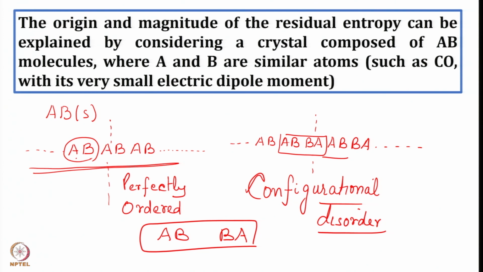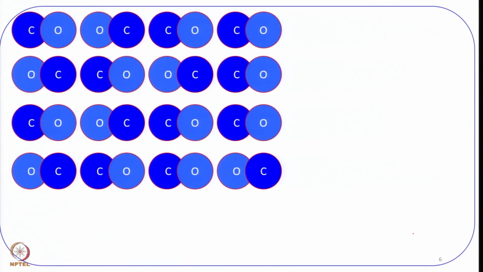So I hope the origin and magnitude of residual entropy is clear to you. We will take an example. Let us take the example of carbon monoxide in the solid form at absolute 0. Carbon and oxygen atoms do not have a very large electronegativity difference. In other words, the dipole moment of carbon monoxide is negligible. And if you look at the arrangements, you have CO and OC.